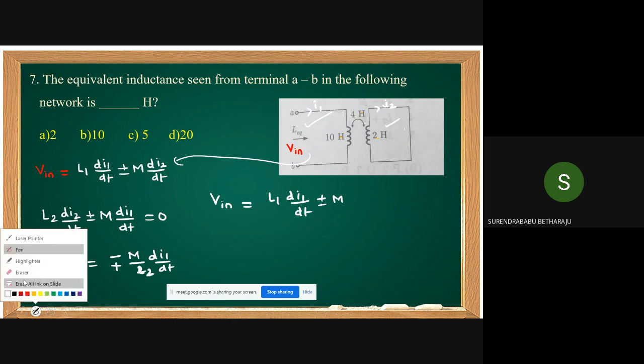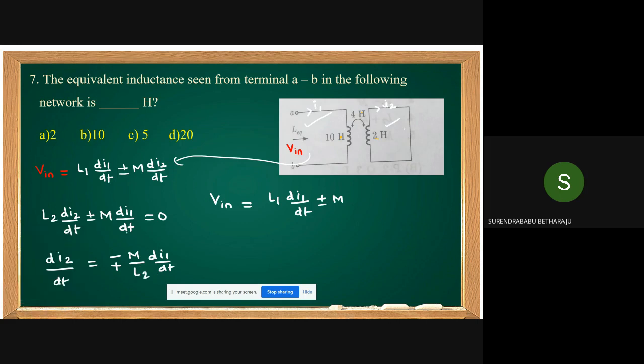Is it correct? This L2 I am bringing to this side. Then plus or minus M into minus or plus M by L2 into di1/dt. So I am substituting di2/dt here. This plus or minus becomes minus or plus.